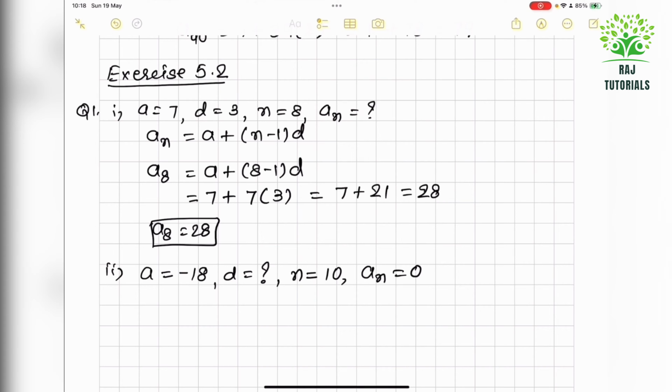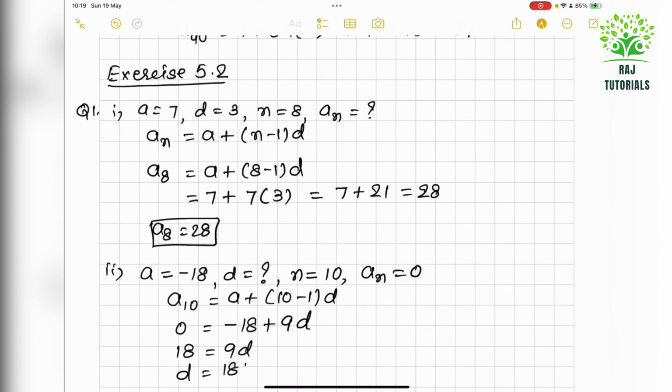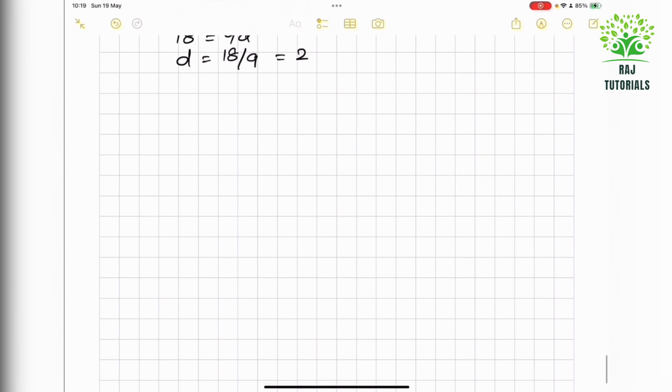So how can I do this? Again, A10 will be A plus (10 minus 1)D, because N is given as 10. So A10 is 0, equal to A, which is minus 18, plus 9D. If I bring minus 18 to this side, 18 equal to 9D. D will be 18 by 9. So D will be 2. Therefore D equal to 2.